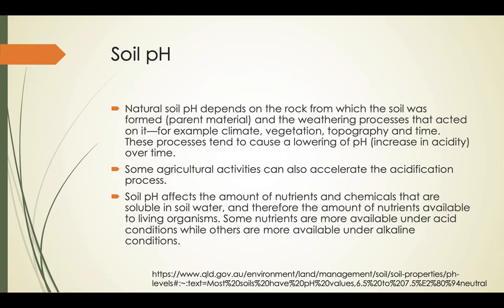The natural parent material that is responsible for the production of the soil actually plays a very important role in dictating soil pH, in addition to weathering processes, as well as other factors: climate, vegetation, topography, and time. All those things are important for the determination of soil pH.